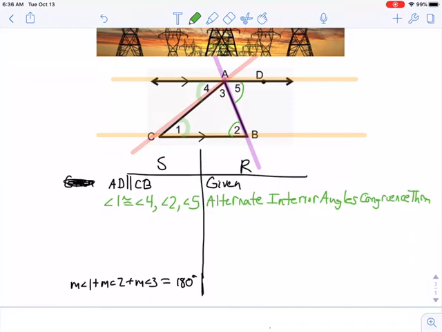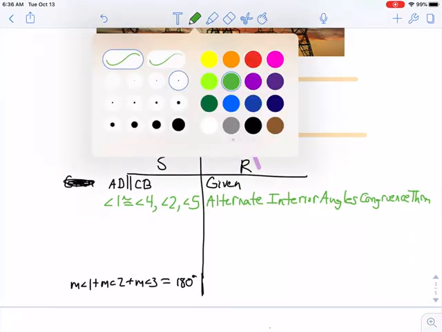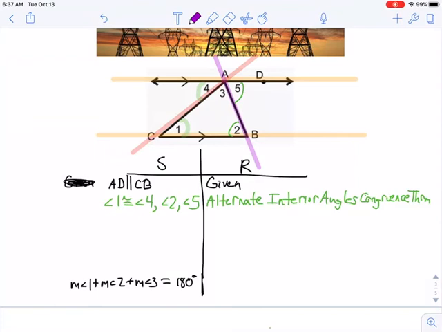Now, how do I want to state this? Without being too lengthy, let's say the measure of angle 4 plus the measure of angle 5 plus the measure of angle 3 equals 180 degrees. And again, this isn't official, this is just kind of a rough draft.